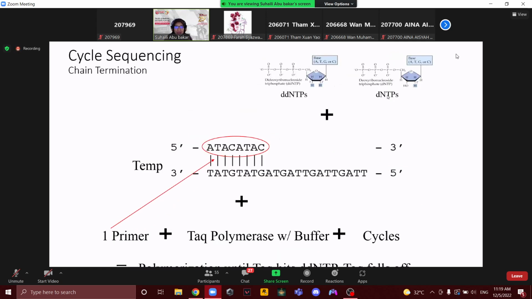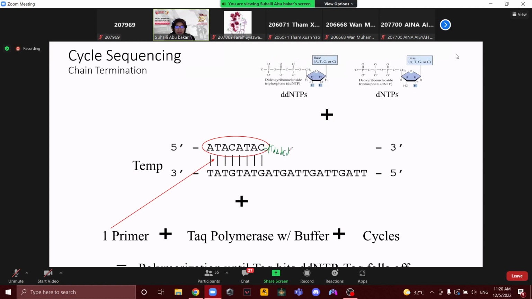For example, the dNTP complement to here is dT, dA, dC, and then suddenly comes ddT. So it will stop here. Can you see? First this is dT, dA, dC.